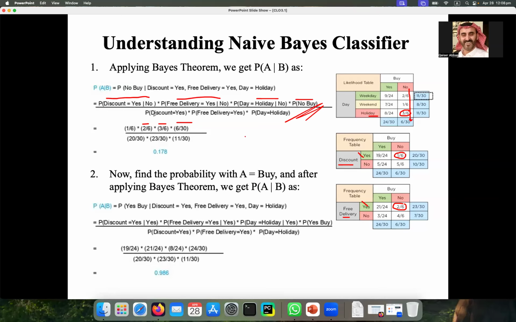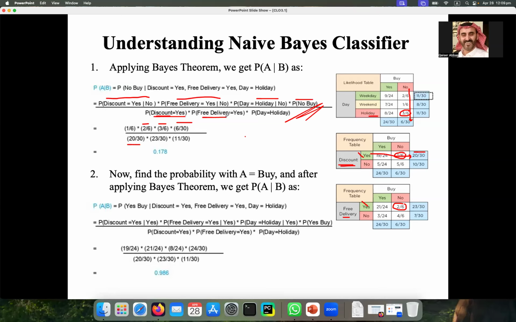And then probability of yes only, discount equal to yes. Go into the discount table. Probability of yes only, without considering yes or no, because you are not seeing given. So this value is 20 by 30.